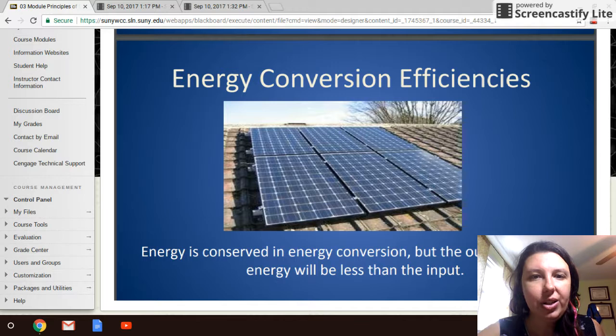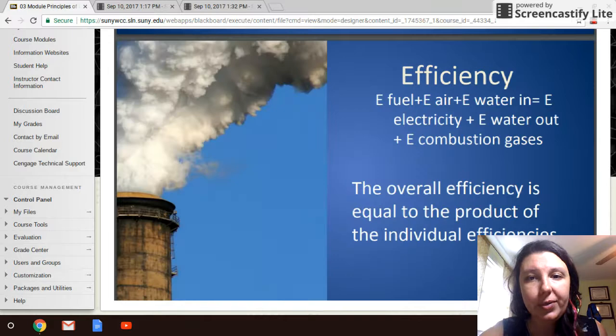Bringing us into conservation efficiencies. This brings us into efficiency ratings of products. So efficiency is a calculation on how good everything is compared to losing it to other forms that we don't want.